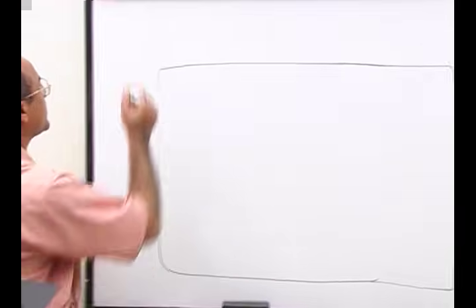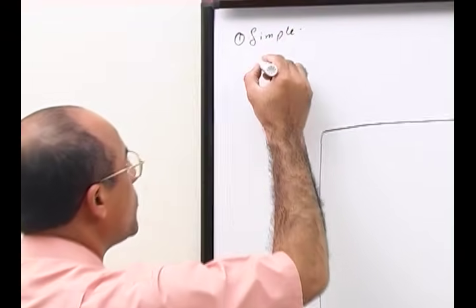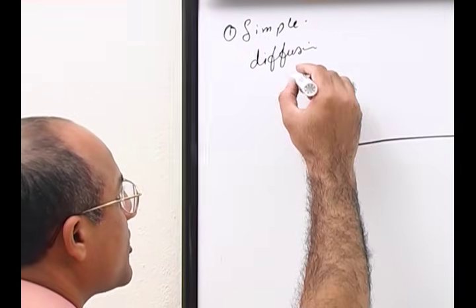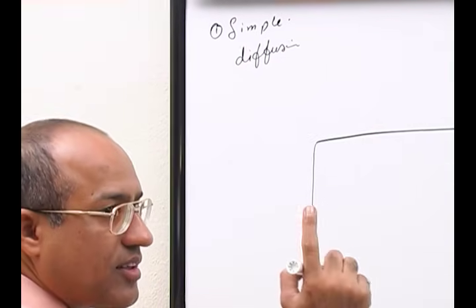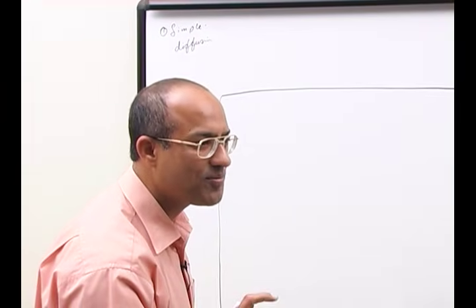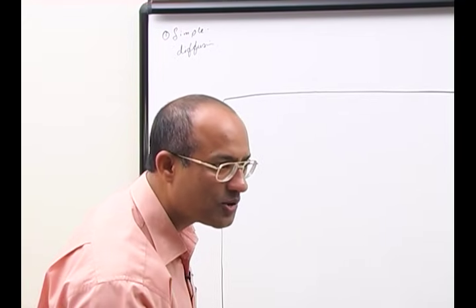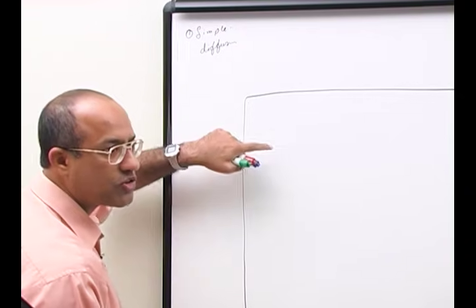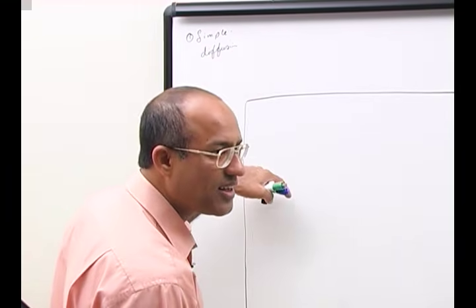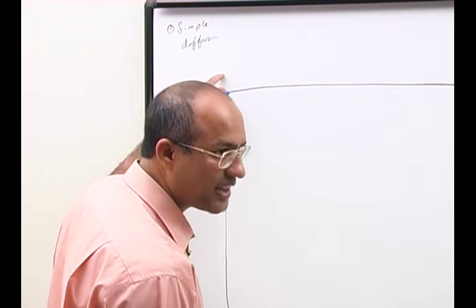Up to now we have discussed simple diffusion, where substances are moving from high concentration to low concentration, and simple diffusion does not require any type of energy input. Do you think we need energy input to move the substances downhill? No. When substances are moving from high concentration to low concentration, we say substances are moving downhill. So simple diffusion does not require any input of energy.